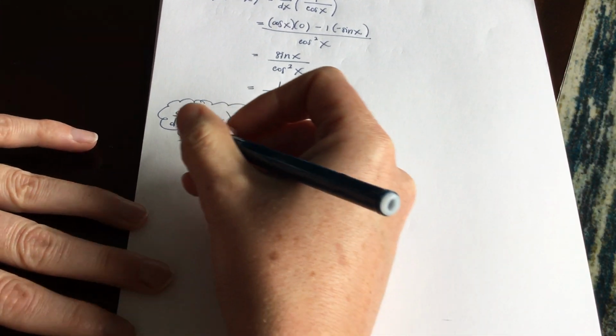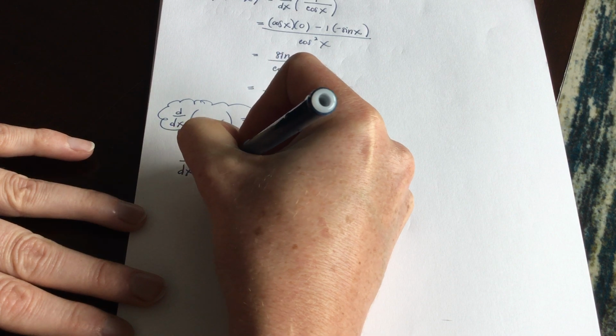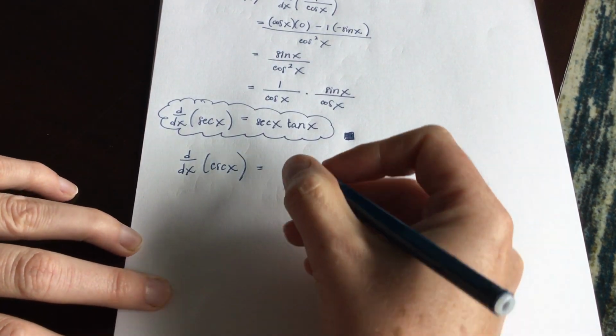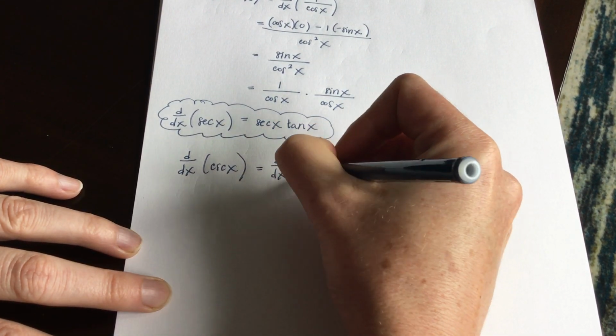All right, last one, my friends, d dx of cosecant of x. And go ahead and discover it through the proof. This would be the same as d dx of 1 over sine of x.